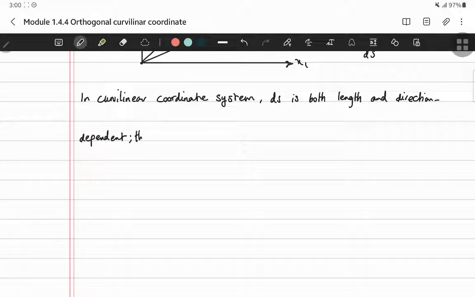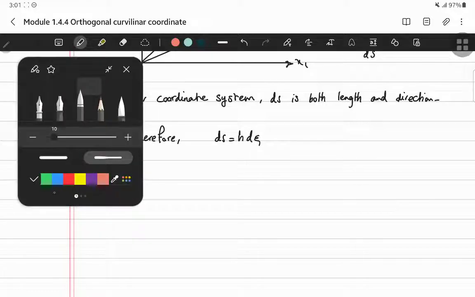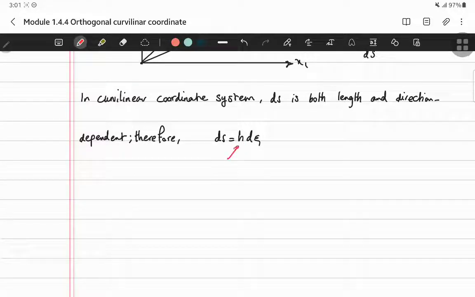Therefore, we may state that ds is equal to h dz, something like this, where h is a length parameter, and we also have here a direction parameter or an angle parameter.